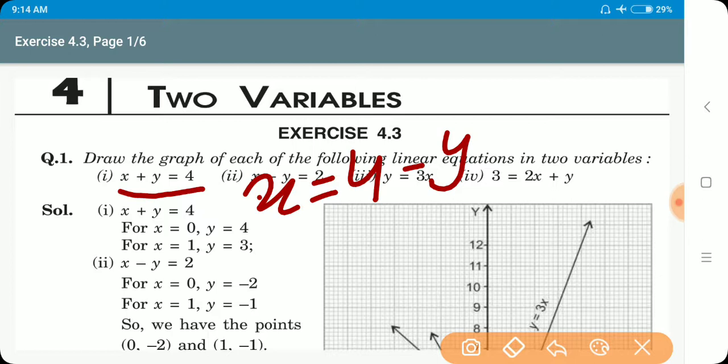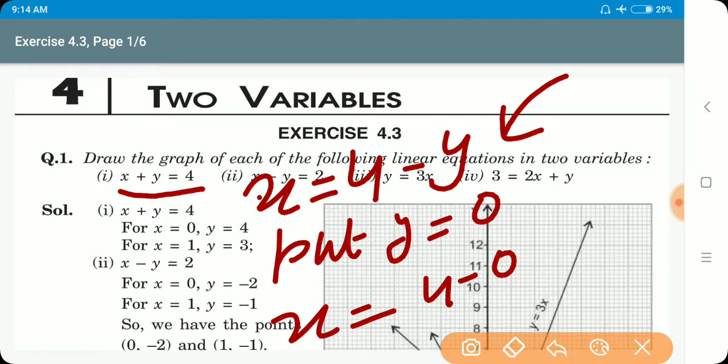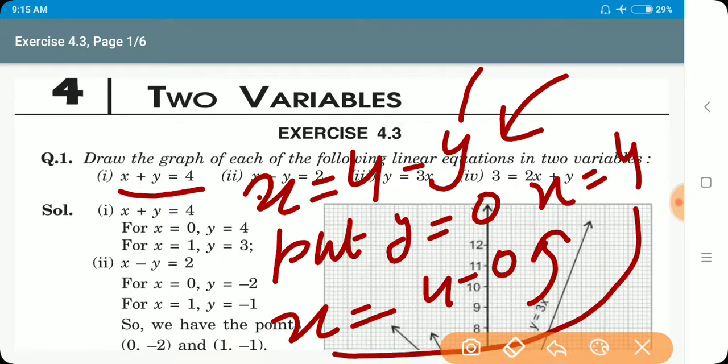So I'm going to put y is equal to 0. So I'm getting x is equal to 4 minus 0. So x is equal to 4. I hope you got it. So if I put y is equal to 0, I get x is equal to 4.